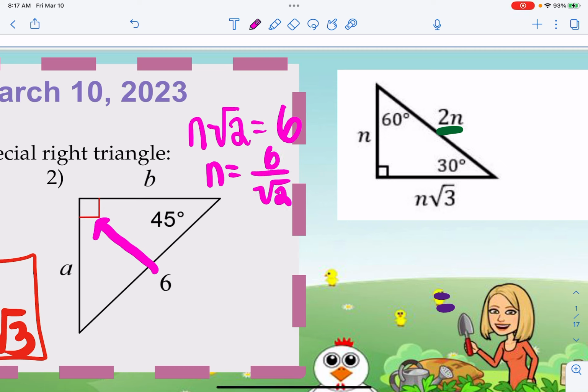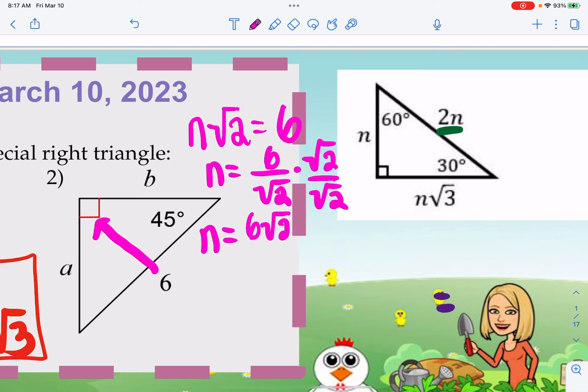But you cannot leave it like that because you have a root in the denominator, so you need to rationalize it by multiplying top and bottom by that root. You get n is 6 root 2, and root 2 times root 2 is root 4. Square root of 4 is just 2. You can simplify this even further: 6 divided by 2 is 3. So n is 3 root 2.